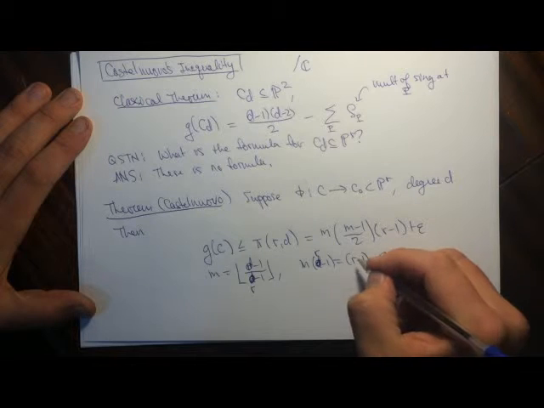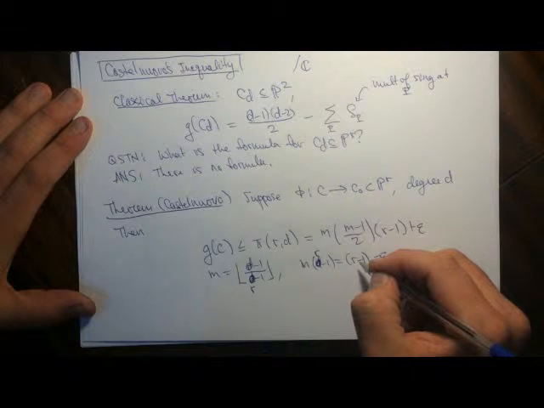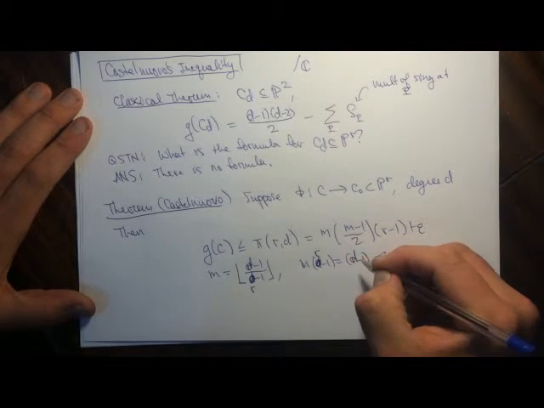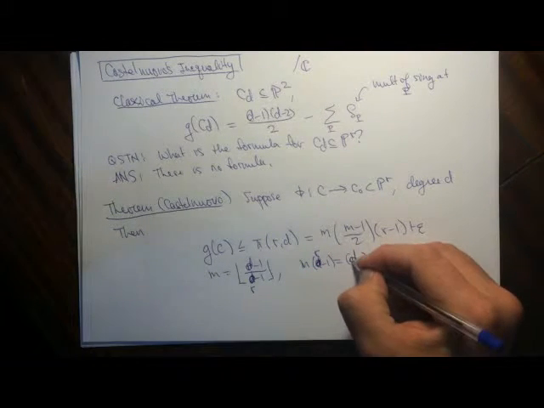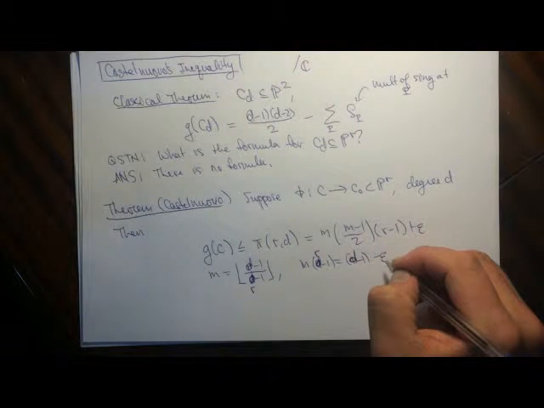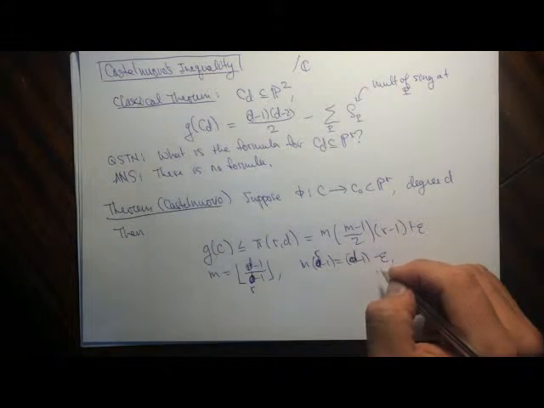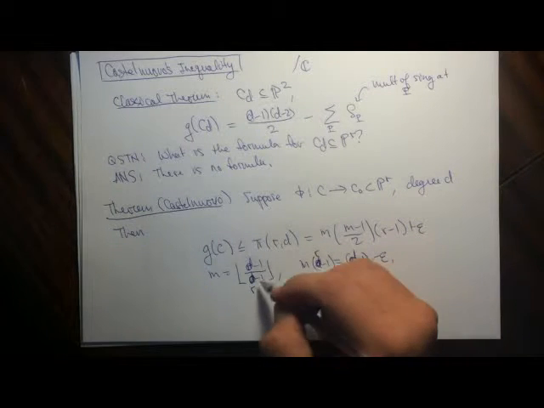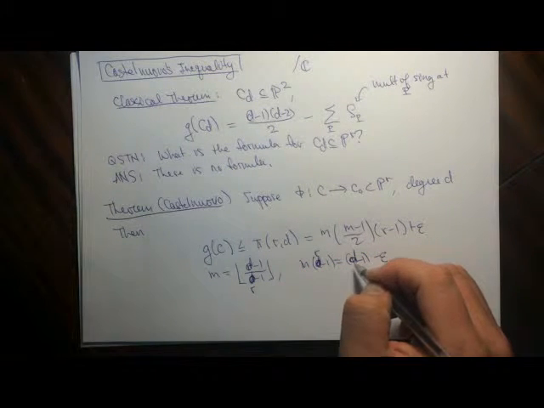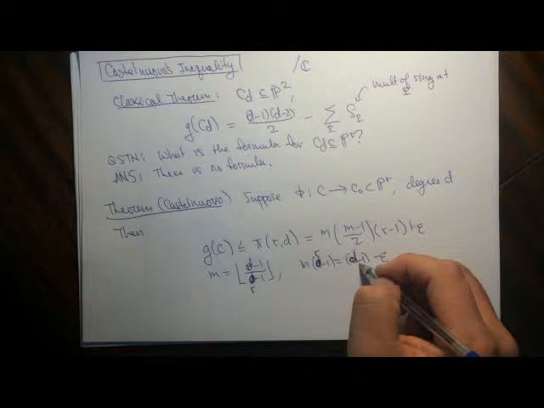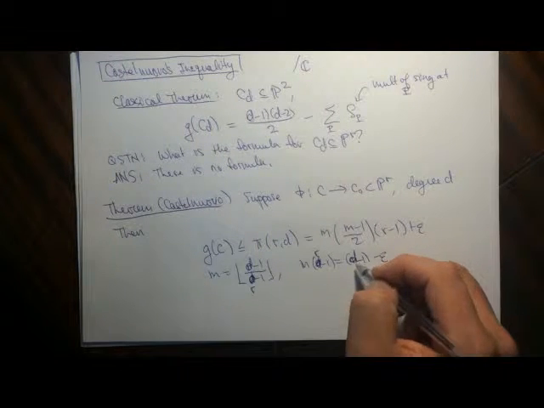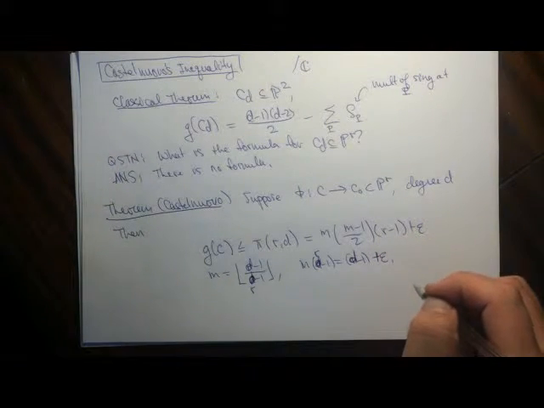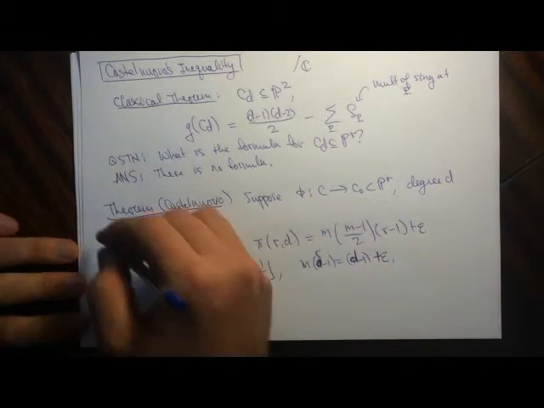This is R. M times R minus 1 is equal to D minus 1 plus or minus epsilon. I think this is correct now. Let's see. So this is the floor, and when we multiply it, we almost get D minus 1. This is slightly smaller than the fraction, so this should be a plus epsilon here. Okay, so this is the theorem.